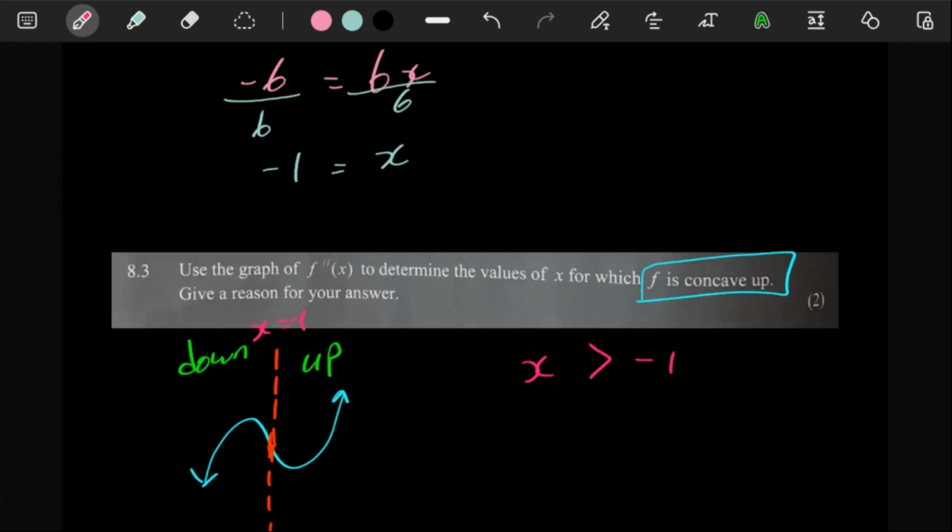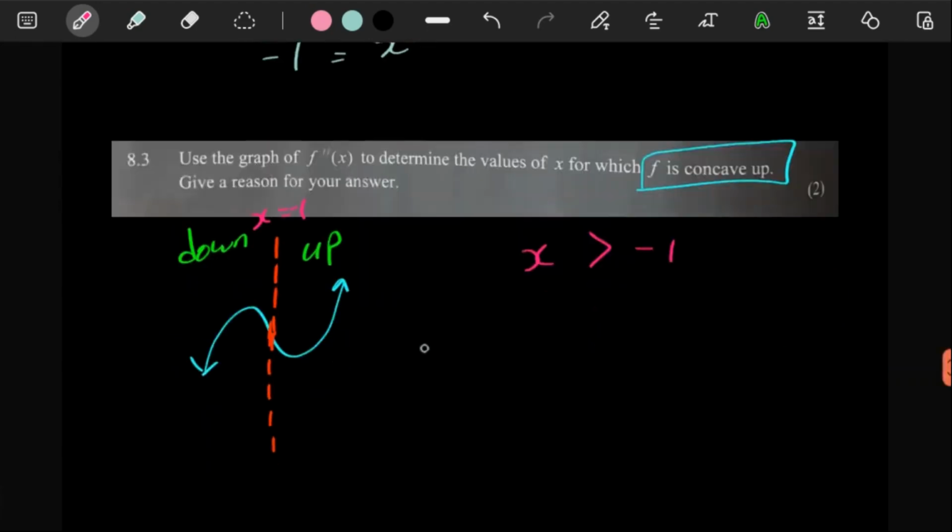So they want us to give a reason for our answer. It's a 2-mark question, so you really don't want to overthink it.